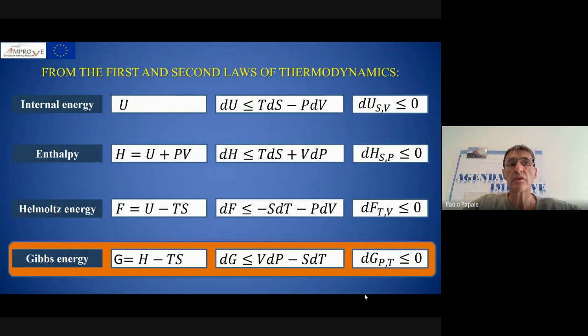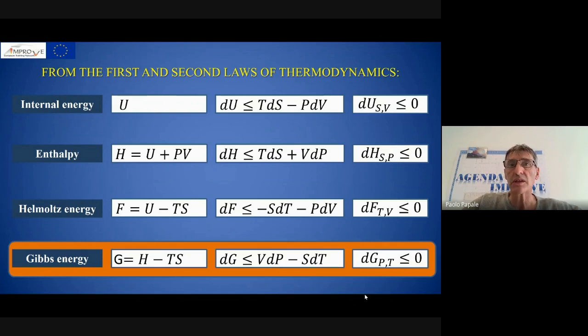For a process evolving at constant volume and entropy, chemical equilibrium is achieved when the internal energy is minimized. That's fine, but not ideal, as we do not commonly refer to processes that evolve at constant entropy and volume.